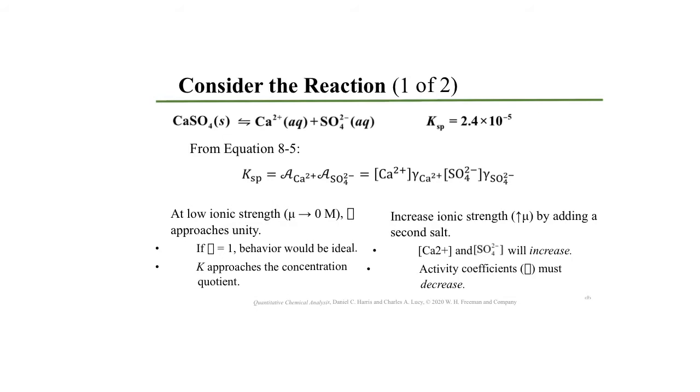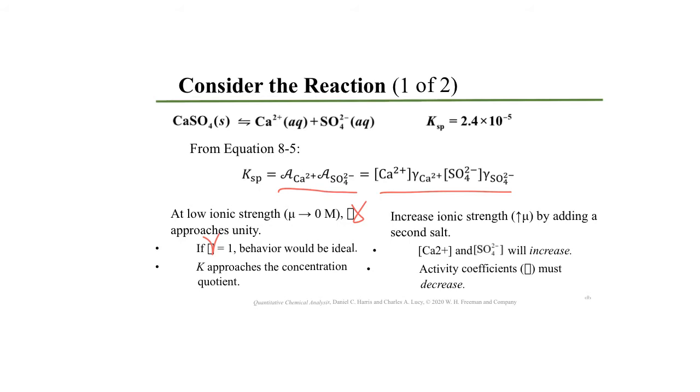Okay, so if we want to look at a particular reaction, say this calcium sulfate, and what we want to know is really what's going on in this solution, we want to use the KSP of activities. So in order to get the KSP of activities, you would use this equation: the concentration times the activity coefficient. At pretty low ionic strengths that approach 0, this activity coefficient approaches 1. So if the activity coefficient is 1, then the behavior would be ideal.